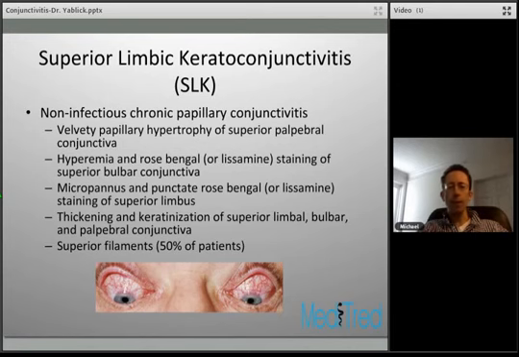You have a tendency to have a micropannus with punctate staining around the superior limbus, and then thickening and keratinization of the superior limbal, bulbar, and palpebral conjunctiva. 50% of these patients may have superior filaments present as well.